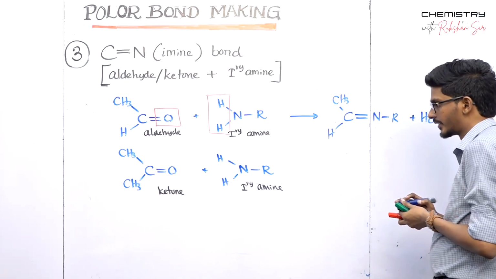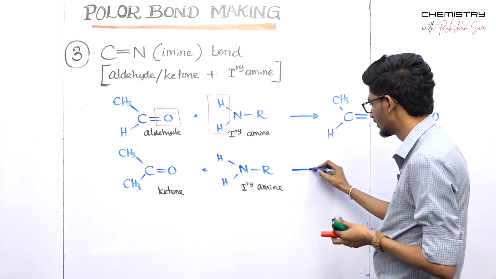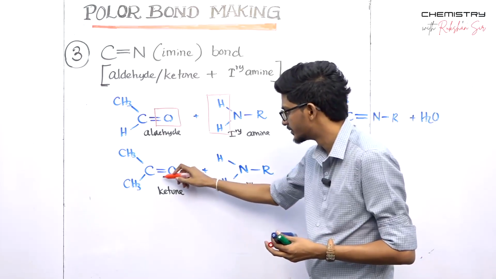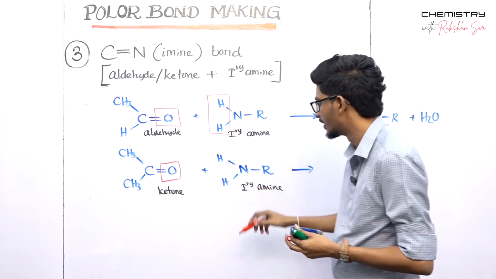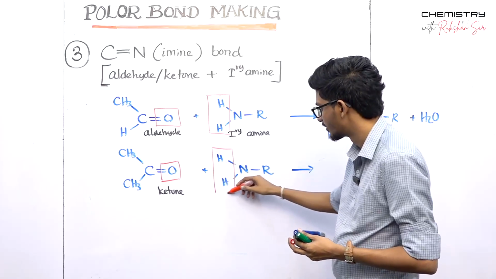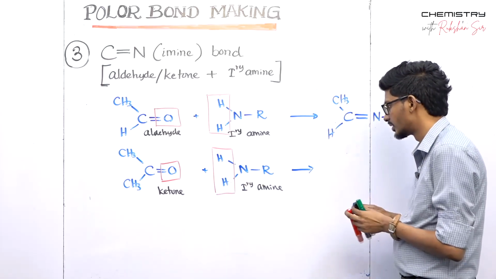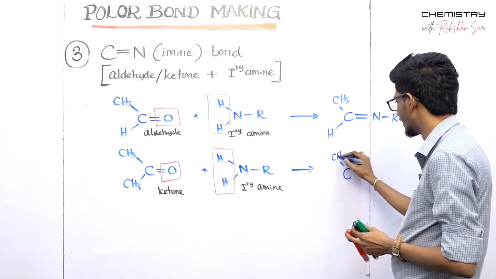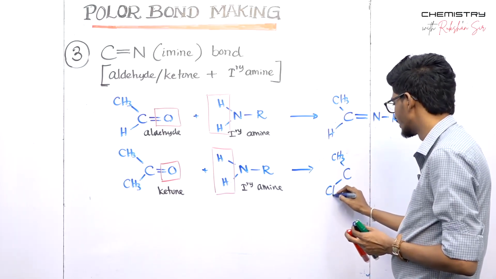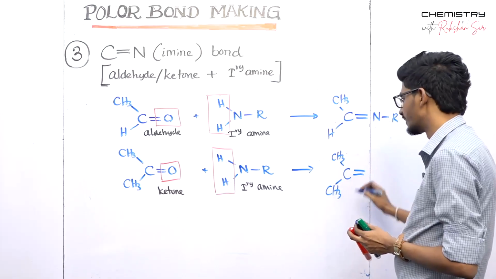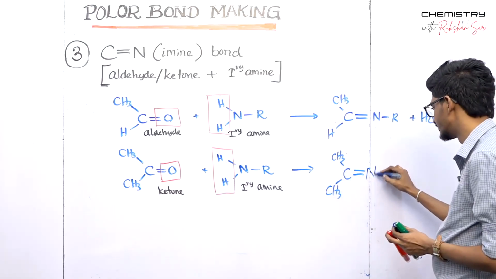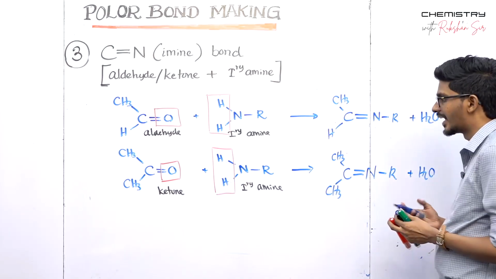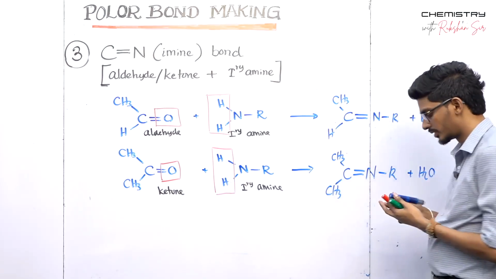In this case as well, this oxygen will leave with the two hydrogens of the nitrogen, so the carbon and the nitrogen will connect via a double bond. This is how the imines are formed.